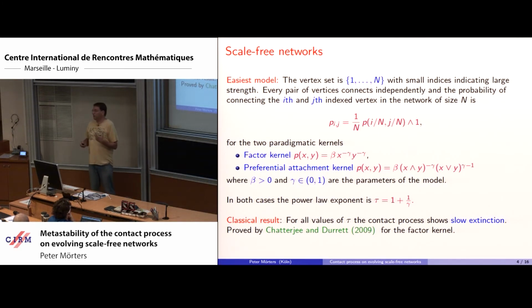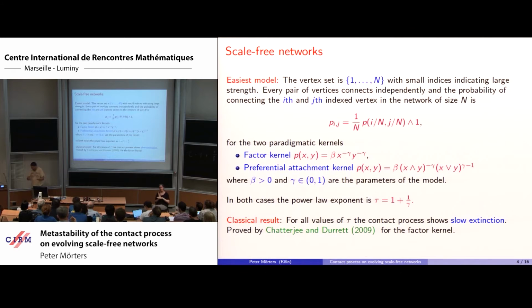There are some important edges in the graph that the infection uses several times to pass. The infection is passed along these edges several times, and it makes a difference whether, as in the mean field model, every time you want to use an edge, you resample whether it's in the graph or not, or, as in the static case, you decide once and for all whether it's there or not.